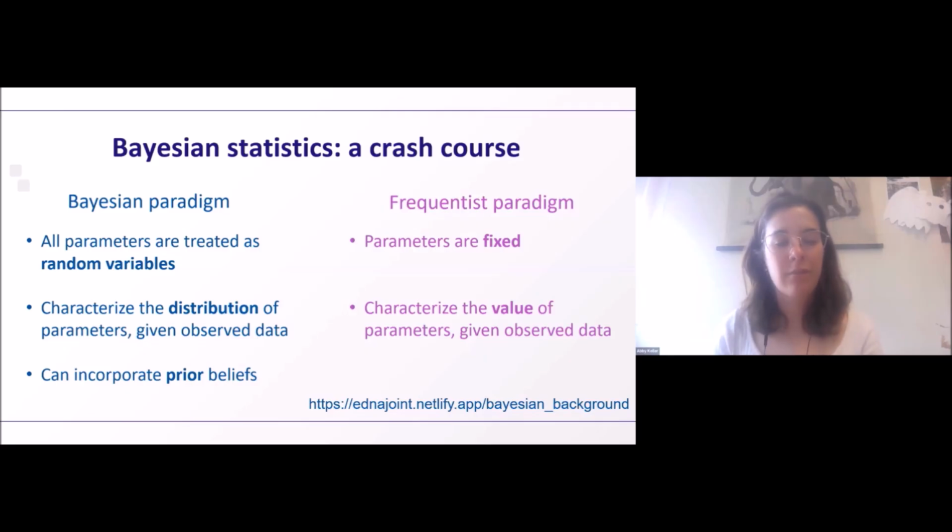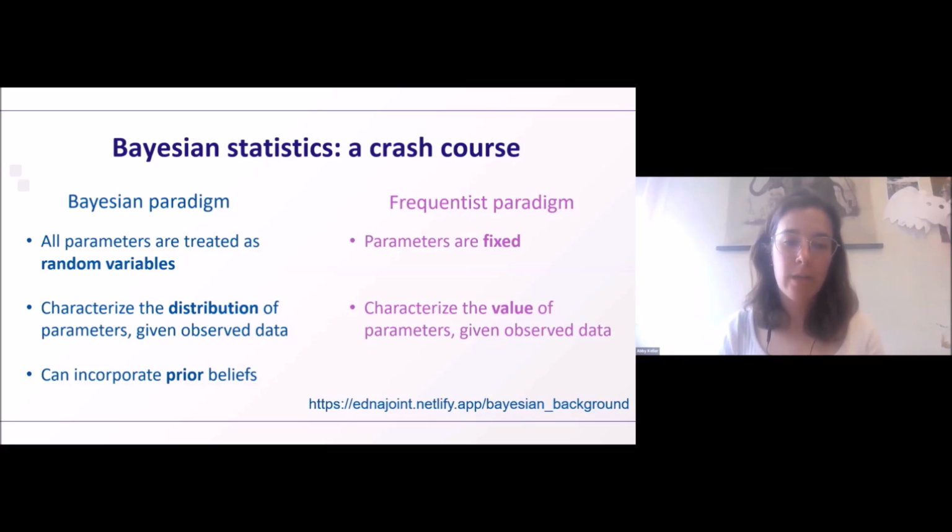The Bayesian paradigm differs from the frequentist paradigm in a few key ways. For context, if you're used to maximum likelihood approaches, that falls under the frequentist paradigm. If you're a Bayesian, all parameters are treated as random variables, which means they're encoded as a probability distribution. This is different from the frequentist paradigm, which assumes parameters are fixed and uncertainty is entirely attributed to our estimation of those parameters.